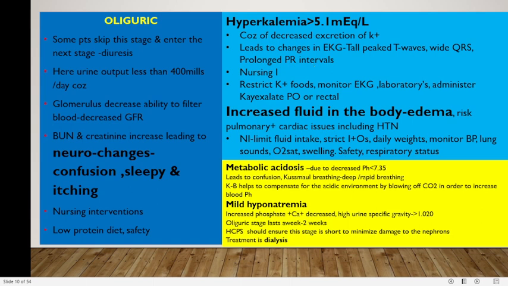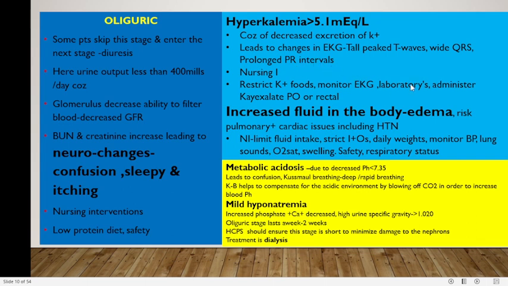So what is the nursing intervention for a patient in oliguric phase presenting with hyperkalemia? As a nurse, you need to restrict potassium-containing foods like bananas. You need to monitor the EKG for these tall peaked T waves, wide QRS, and prolonged PR intervals.